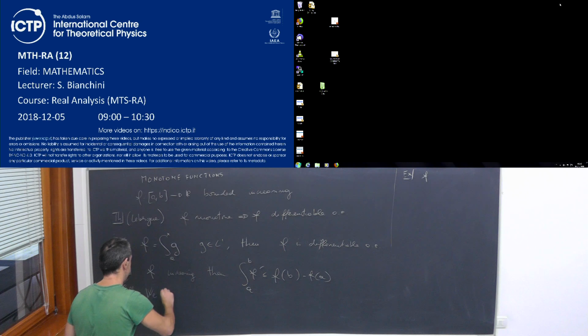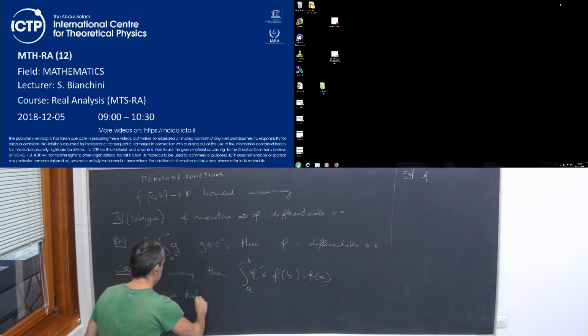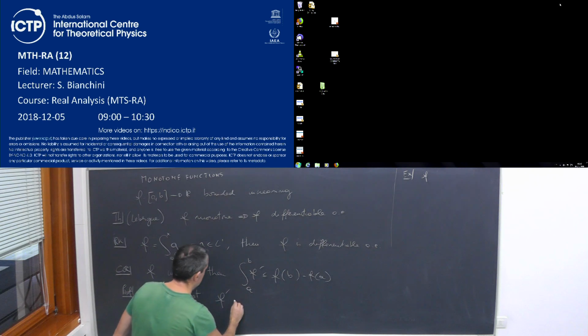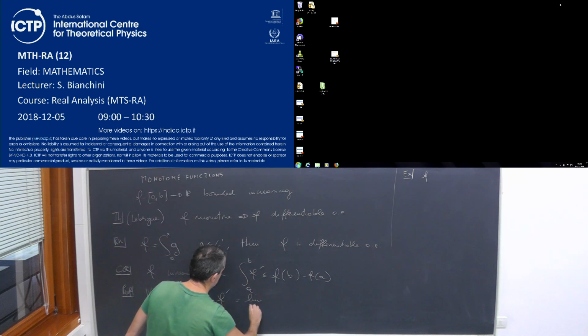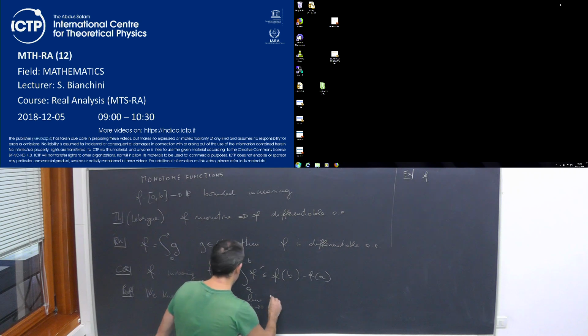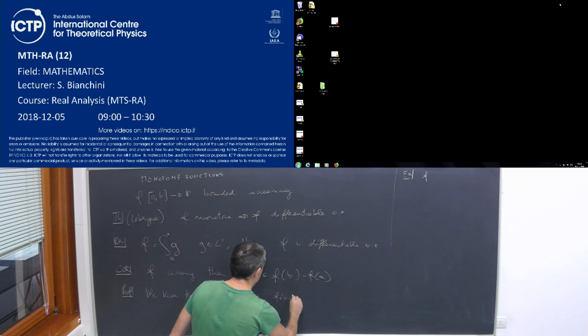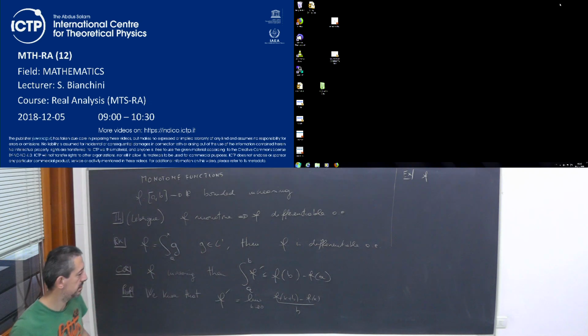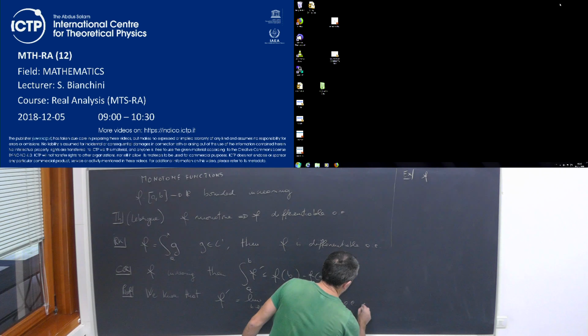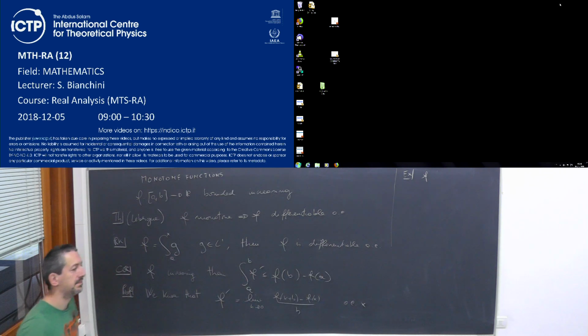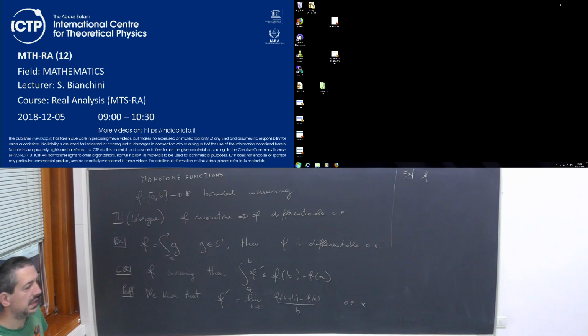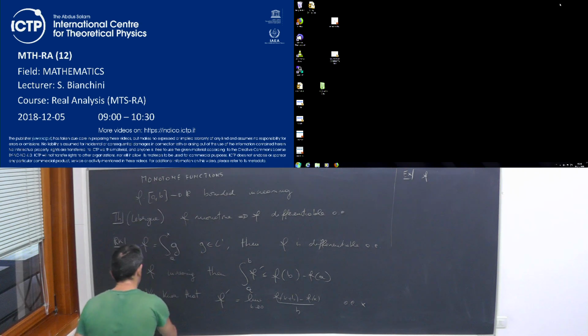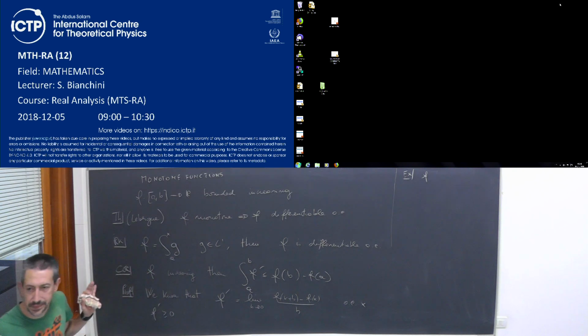So we know that f prime is the limit of f of x plus h minus f of x divided by h. By the previous theorem, for almost every x, this limit converges. And f prime clearly is greater or equal than 0. So no problem in computing the integral.